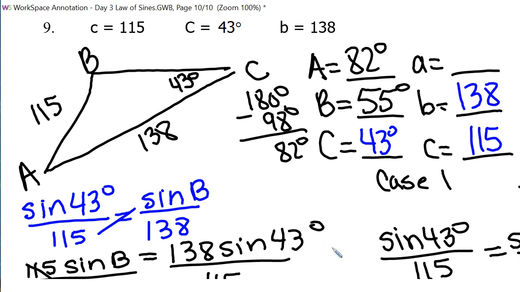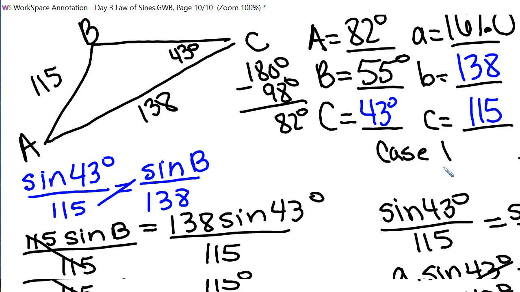And what is side A for case 1 to the nearest tenth? 167? So 167.0. Now for case 2, we still have sine of 43 degrees over 115, but instead of 82 degrees, what do we have for angle A? 12 degrees.